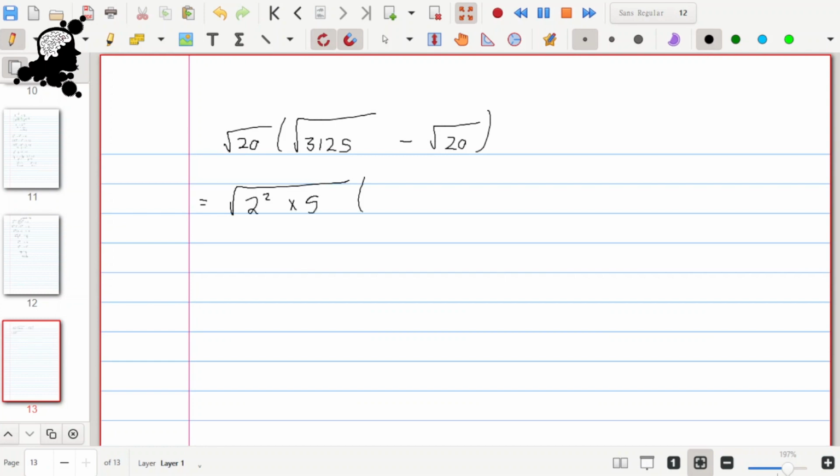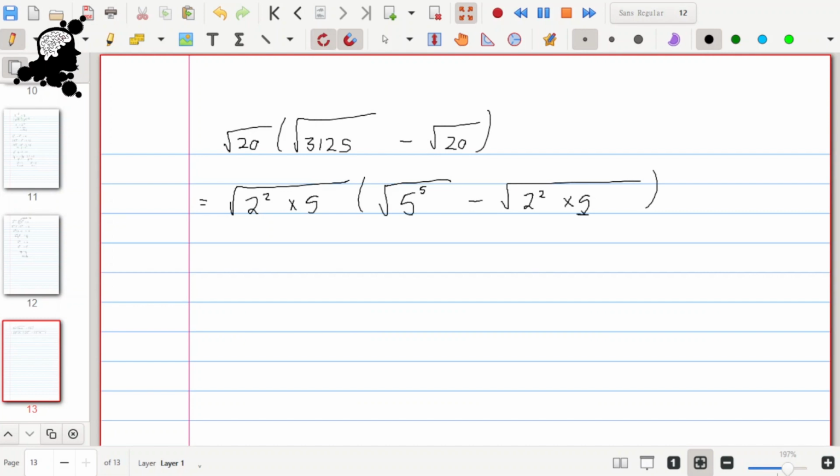We open a bracket. Now 3,125, if you work out the prime factors of that, you are going to get the square root of 5 to the power 5. Minus the square root of 20 again, so 2 to the power 2 times 5.